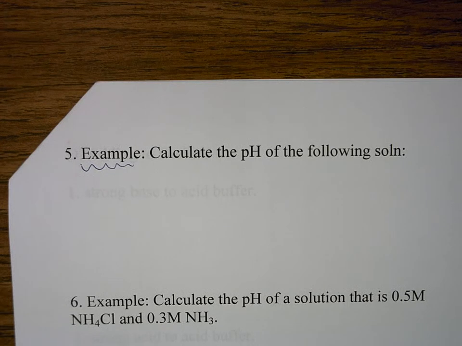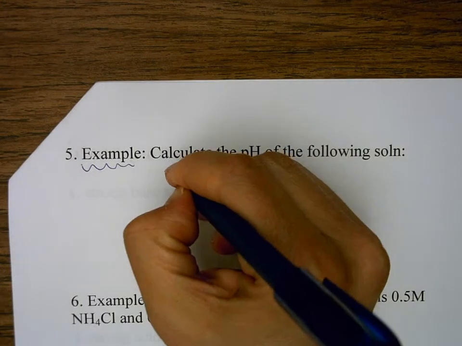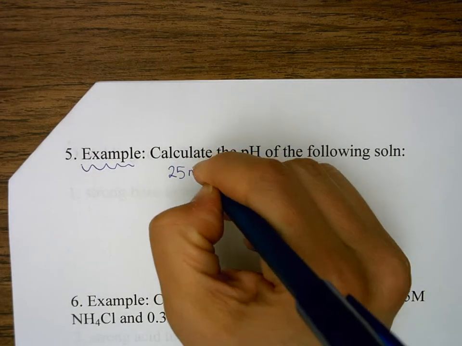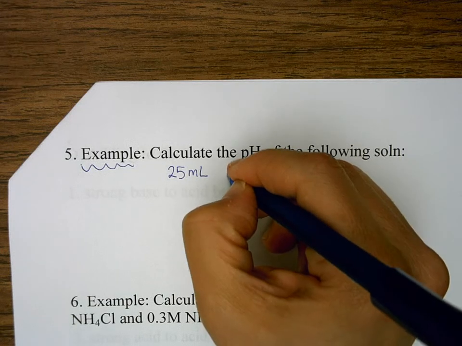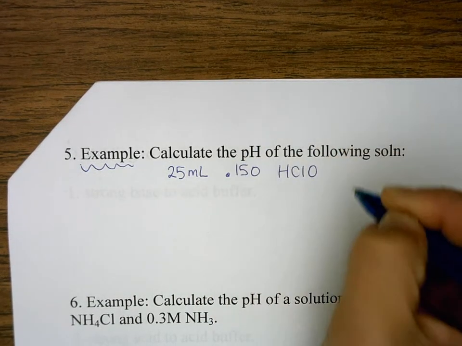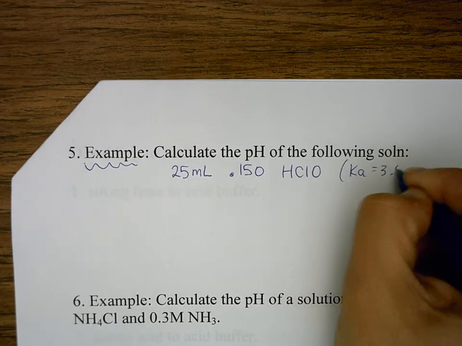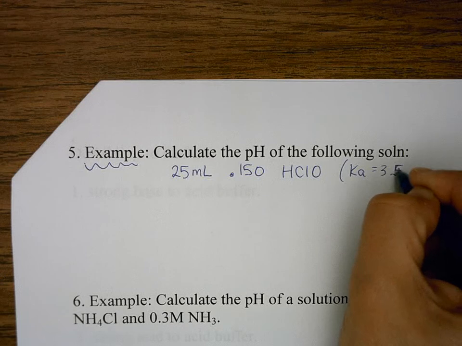Okay, so calculate the pH of this solution. I'm going to give you this stuff, and then you're going to calculate it for me. So 25 milliliters of 0.150 HClO, Ka equals 3.5 times 10 to the negative 8.